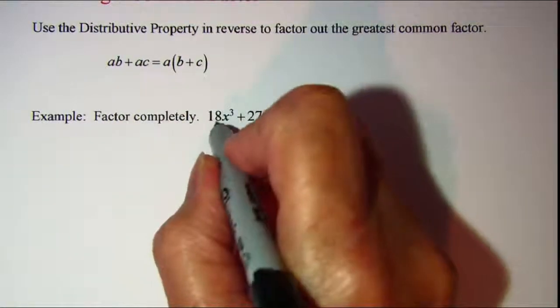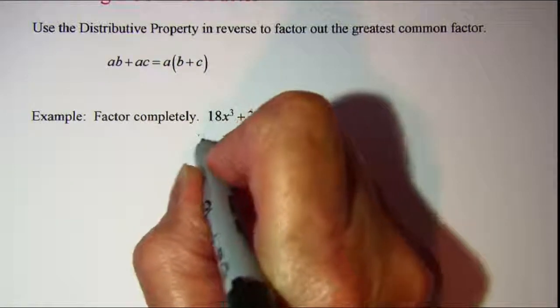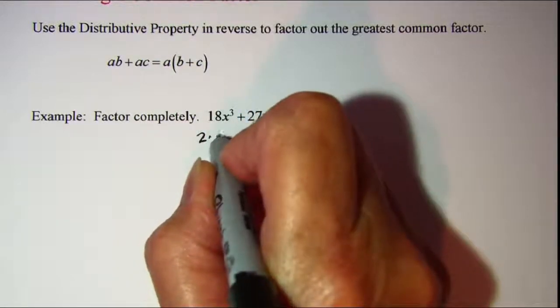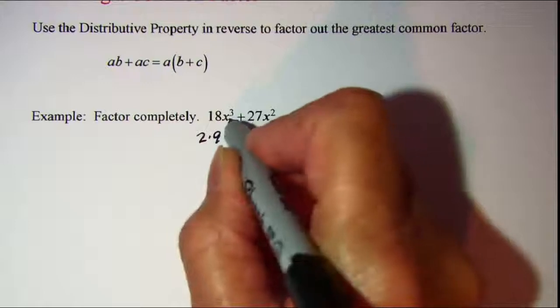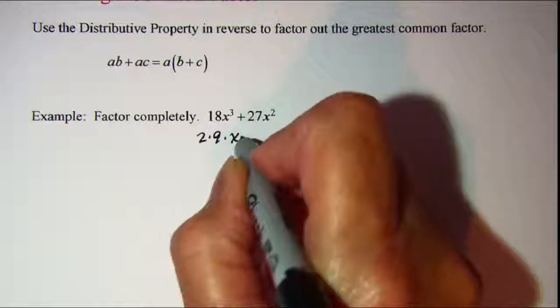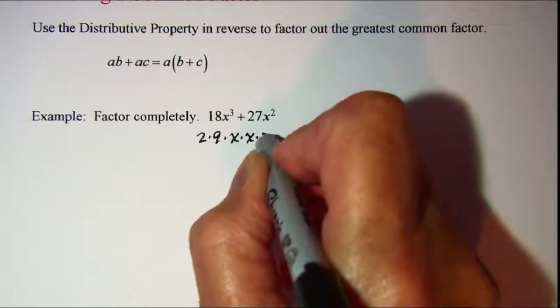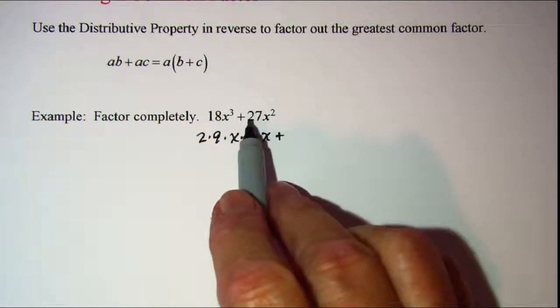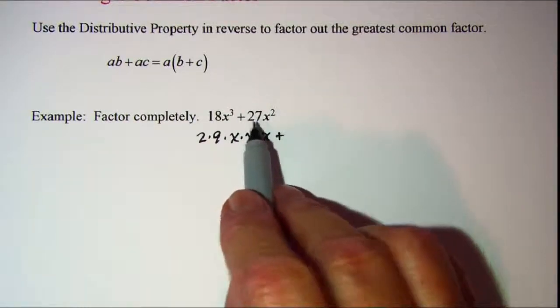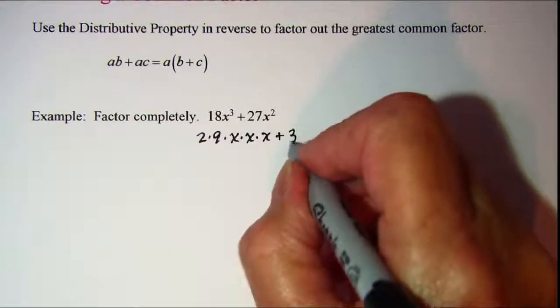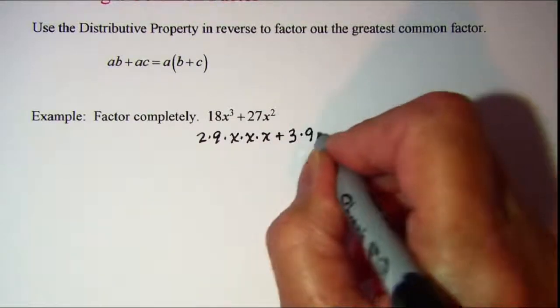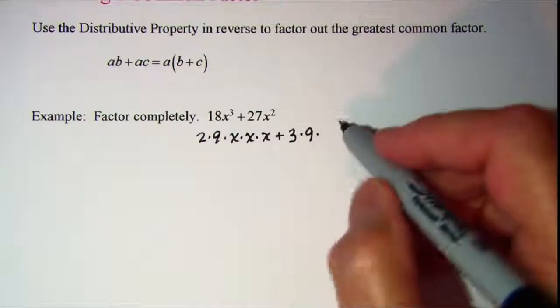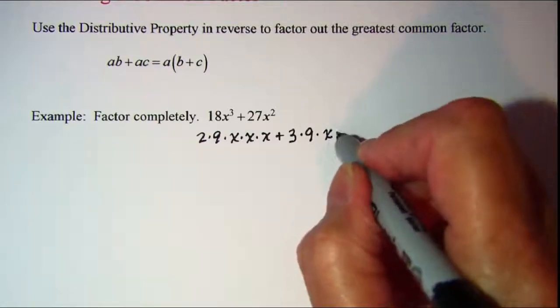So I'm going to write the 18 as 2 times 9, and then x cubed, I'm going to write that as x times x times x, plus, and then 27 is 3 times 9, so I'll write 3 times 9, and then my x squared I'll write as x times x.